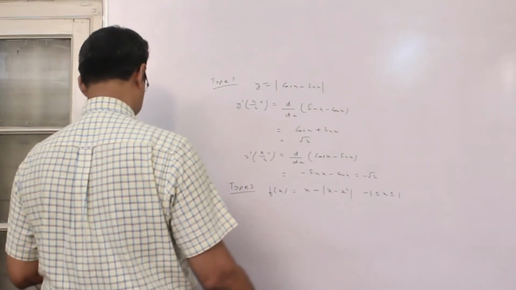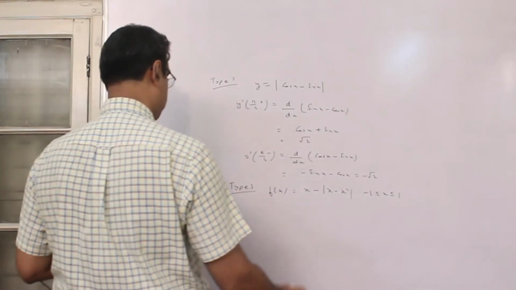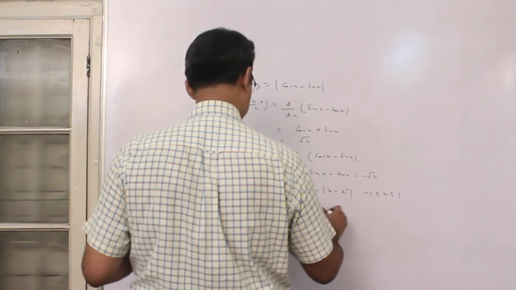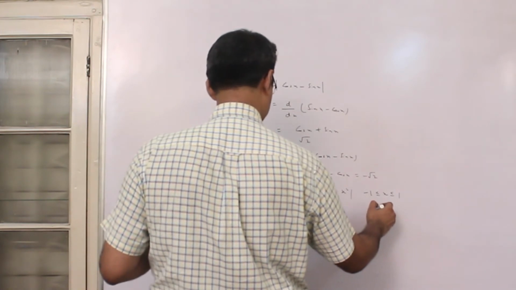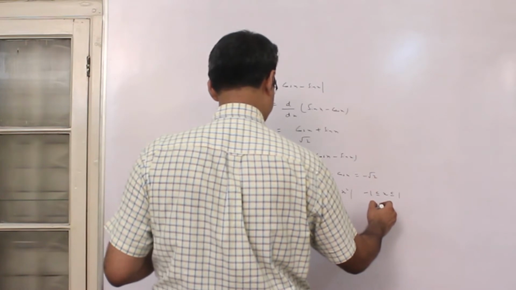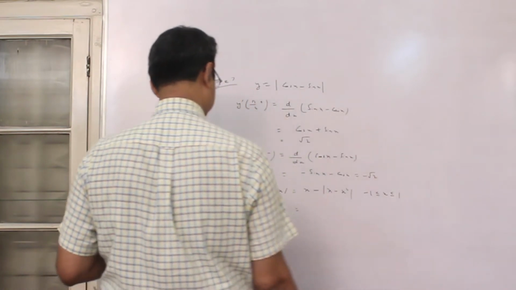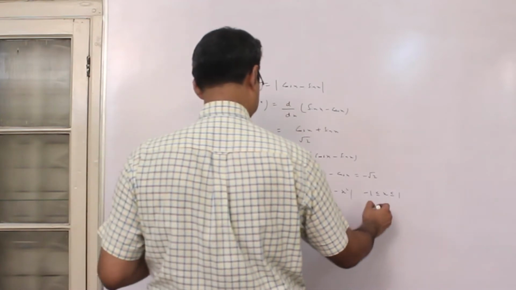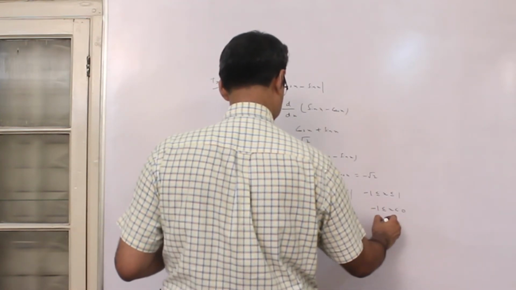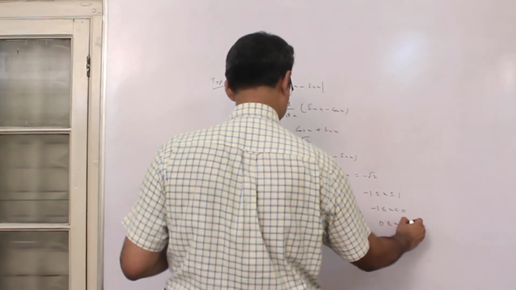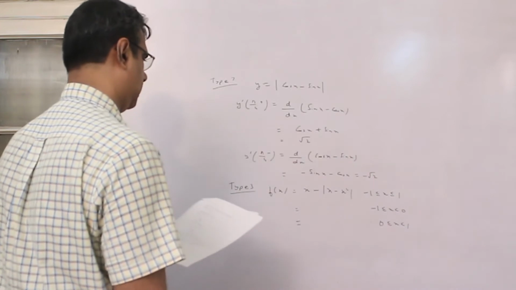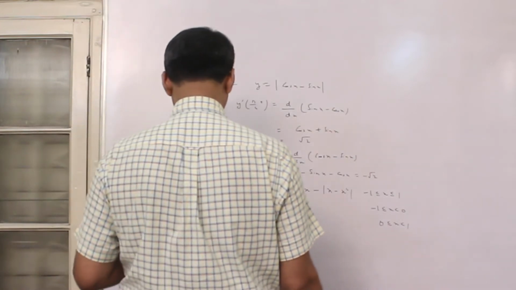You have to discuss the continuity of this particular function. Now here, what we can do is that we can split this into intervals. We can split the function into intervals minus 1 to 0 and 0 to 1.